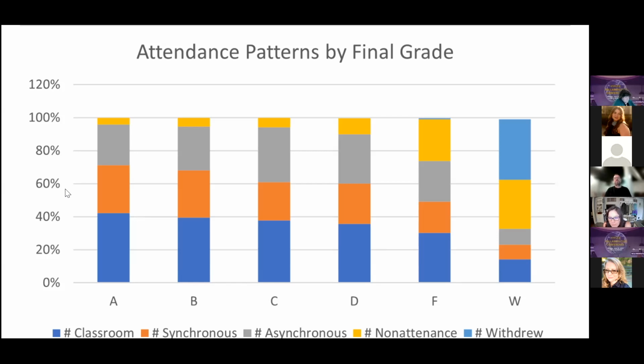Regardless of what their mode of attendance was throughout the semester, it didn't impact the grade that they earned at the end of the semester. You can see that the grade distributions, outside of the withdrawals, are pretty uniform throughout.